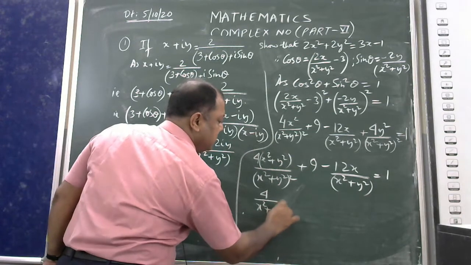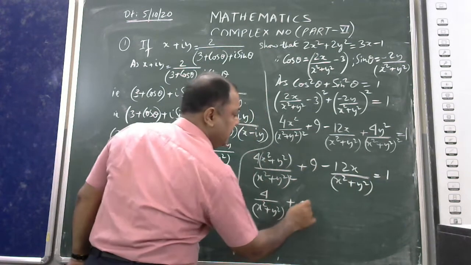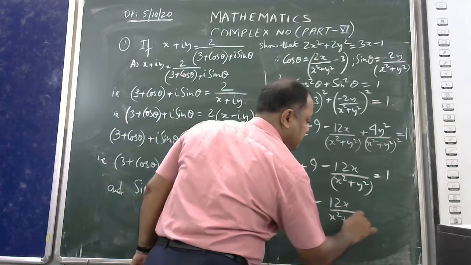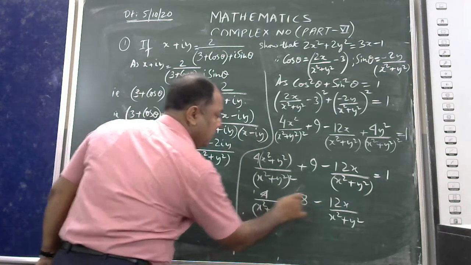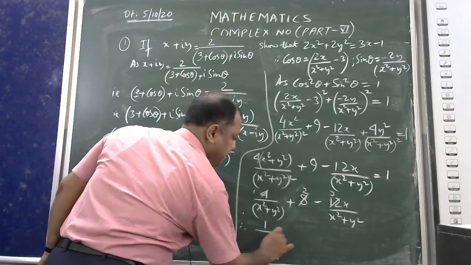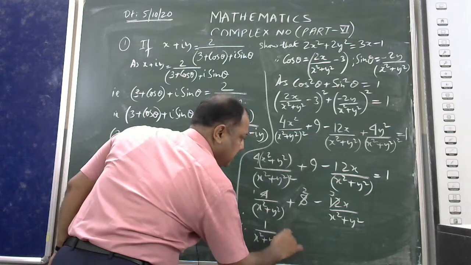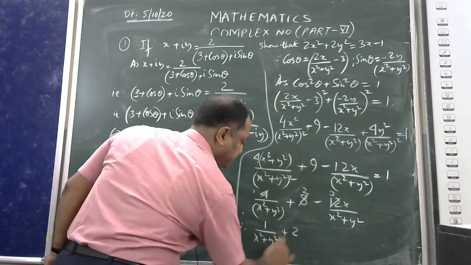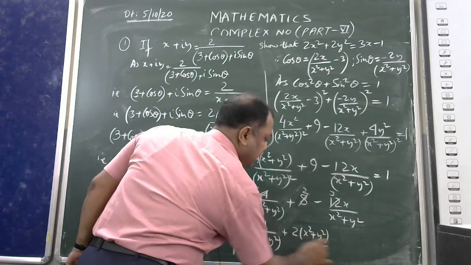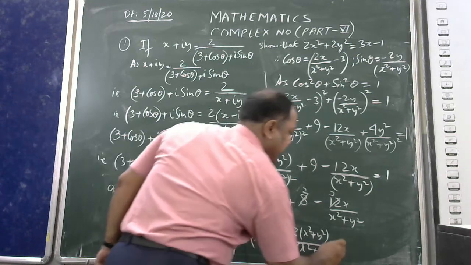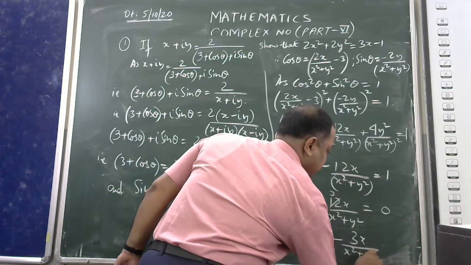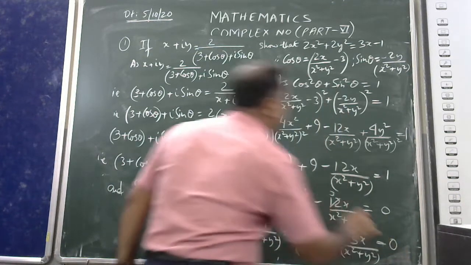So 4 by x squared plus y squared plus 9 minus 1, which is 8, minus 12x by x squared plus y squared is equal to 0.